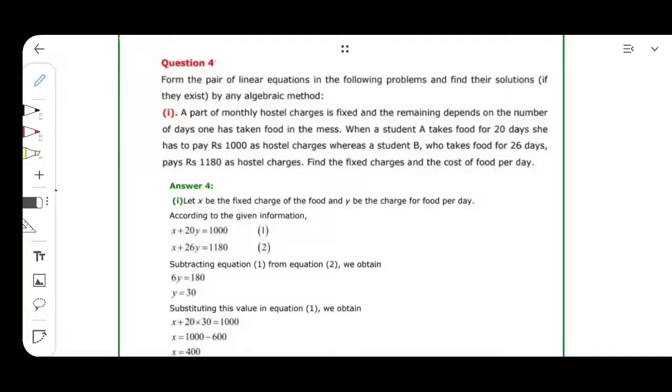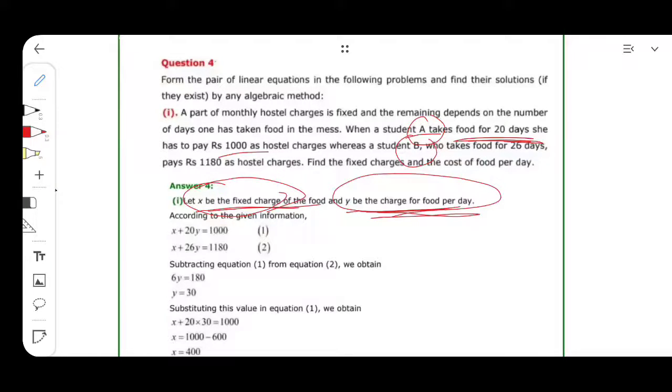Now we are given two students, the first one is A and the second one is B. Student A is paying 1000 rupees for 20 days as hostel charge. We are considering that the fixed charge is x and the charge for food per day is y.